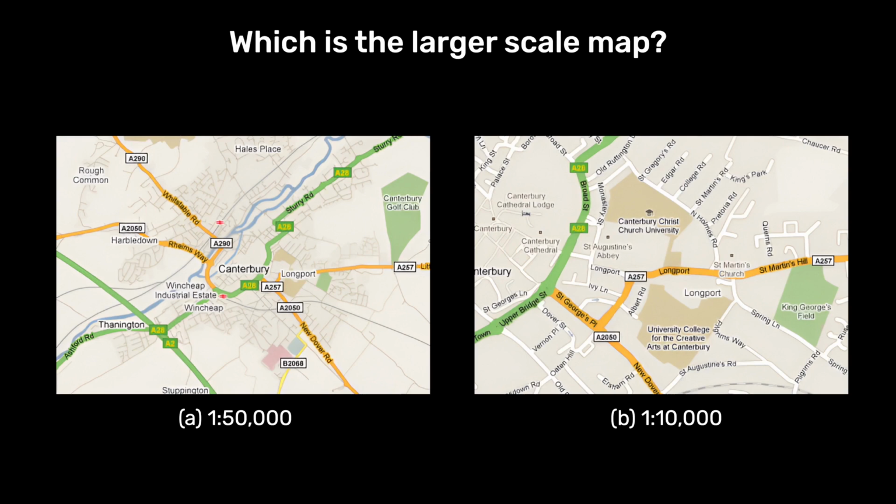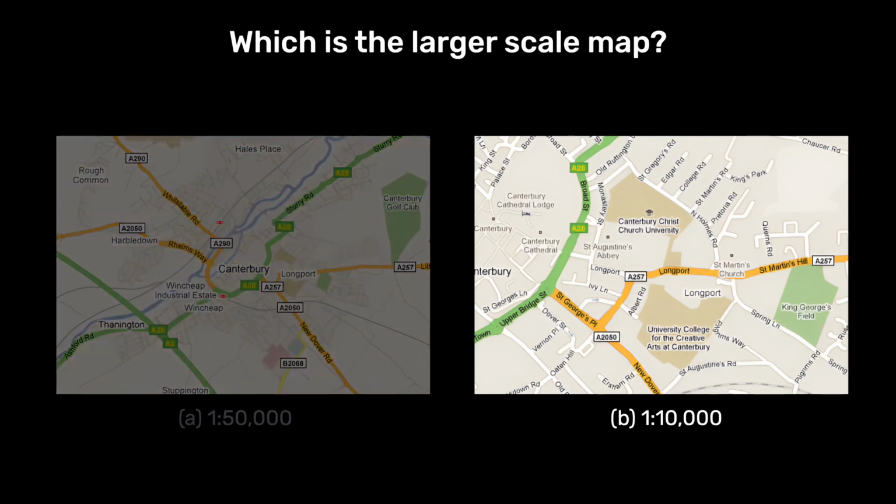Well, hopefully you guessed B, which is on the right hand side, which is the larger map scale. Remember, if it's a larger map scale, it'll tend to show more detail. The number in the scale ratio on the right hand side will be relatively small compared to a smaller scale map. And more importantly, not only will it show more detail, but it'll show a smaller area.